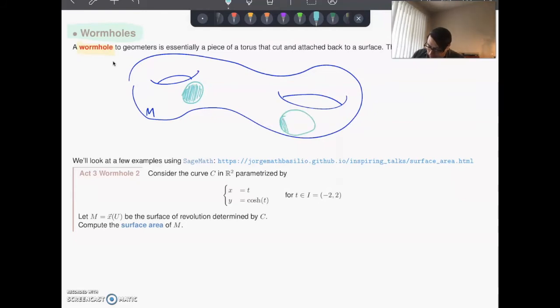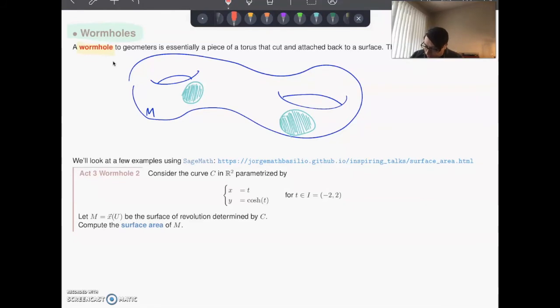Intuitively, a wormhole means we remove those little caps. As long as they're small enough, they'll look like a little piece of a sphere, or a little piece of the plane. And we replace that with something that looks like a tunnel.